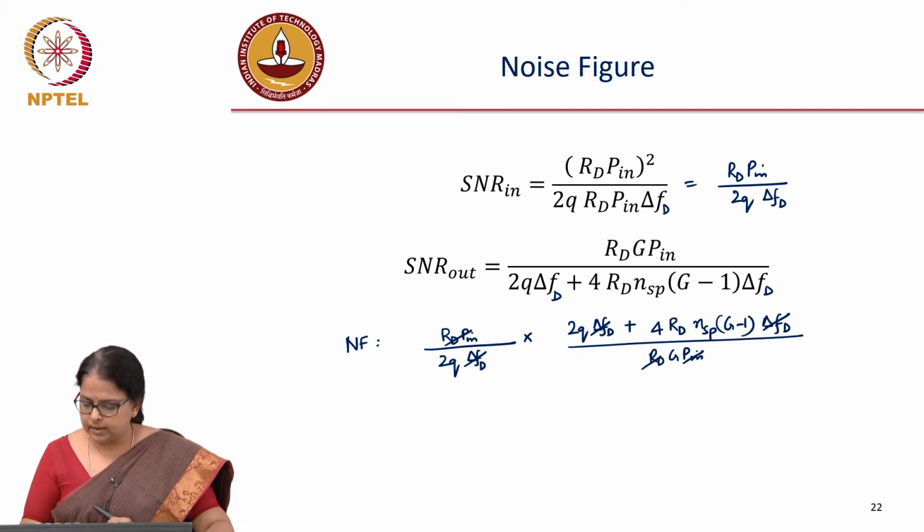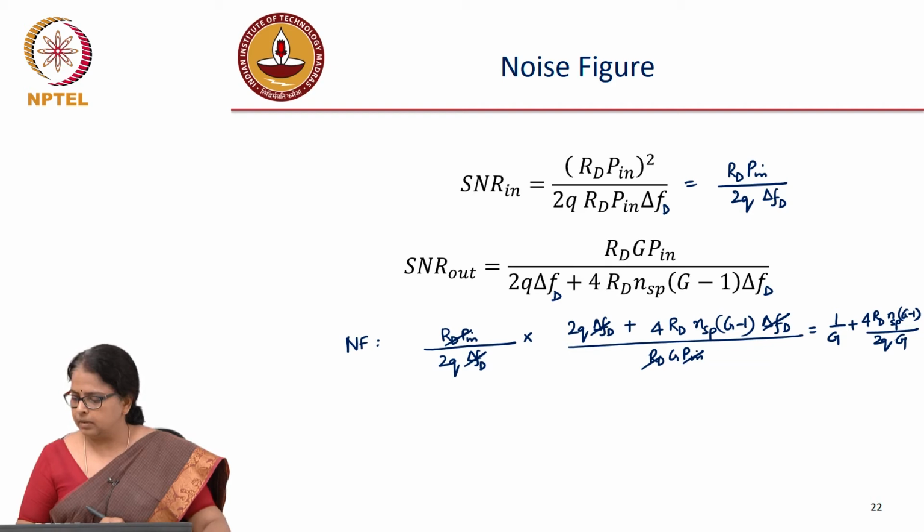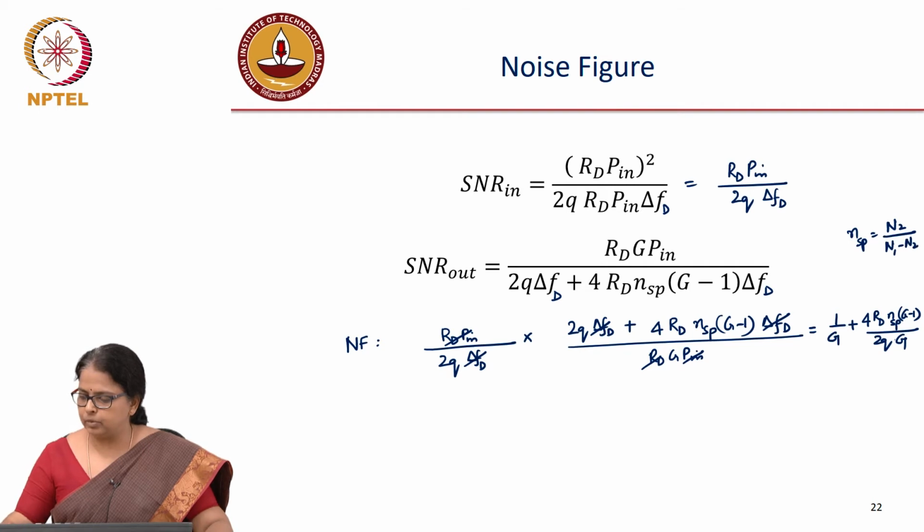What remains is, in the first term you have 2q and 2q getting cancelled, you have just 1 by G in the first term, plus in the second term what I will have is 4 times R_D N_SP (G minus 1) divided by there is a 2q and a G. And remember, your N_SP is N2 divided by N1 minus N2.